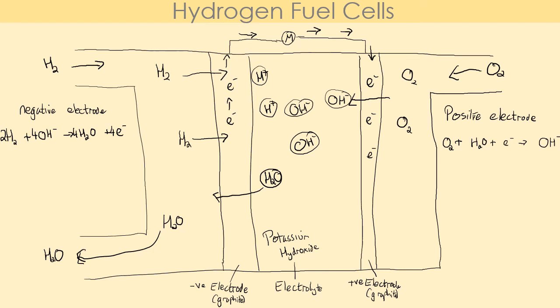We still need to balance this equation. We have 2 water molecules, we'll have 4 electrons and we will form 4 OH minus ions. And that replaces the 4 OH minus ions that we used at the negative electrode to make the water. You can see that this reaction can continue. The only product we have is water as water vapor, which is not bad for the environment at all.